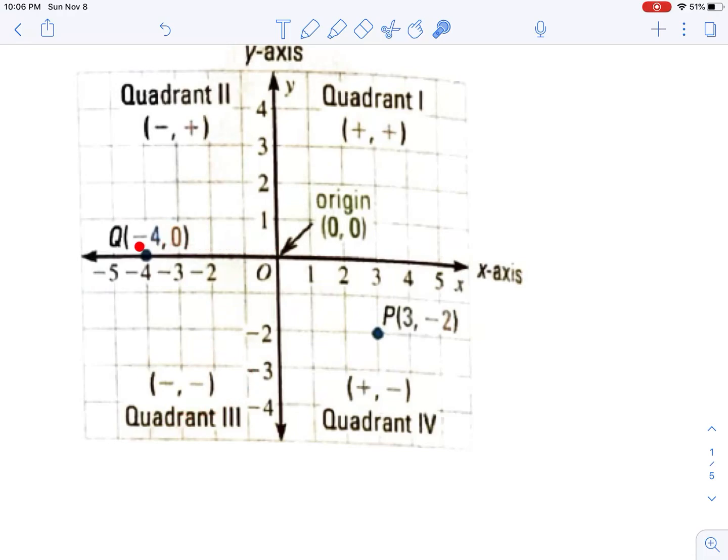We go back and down. So left is negative and down is negative. And then quadrant 4 is positive in the x, but negative in the y. Okay? So again, as long as you understand right and up is positive, left and down is negative, this should be very, very easy for you.